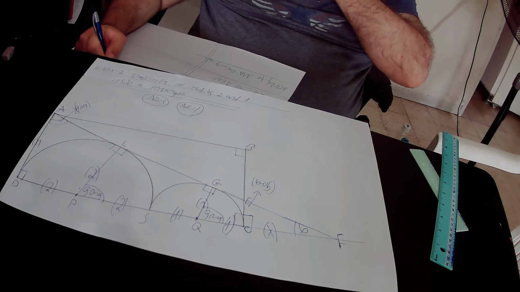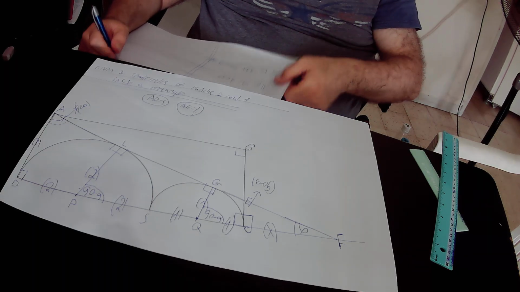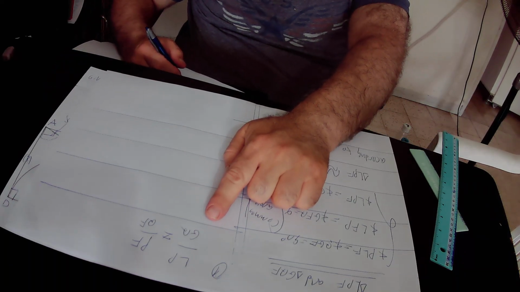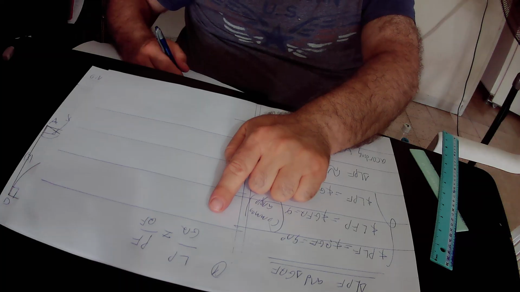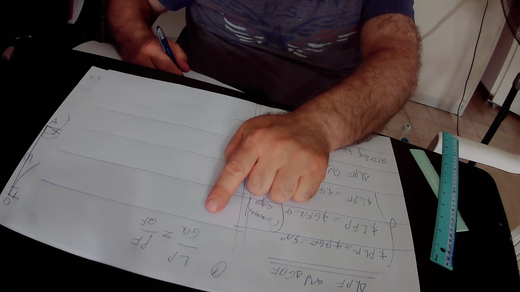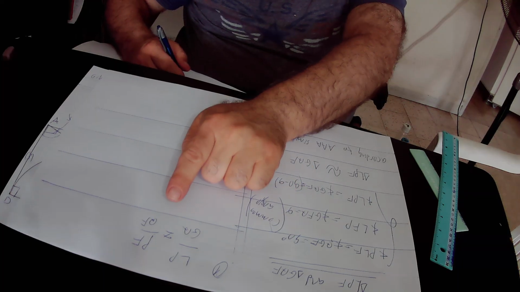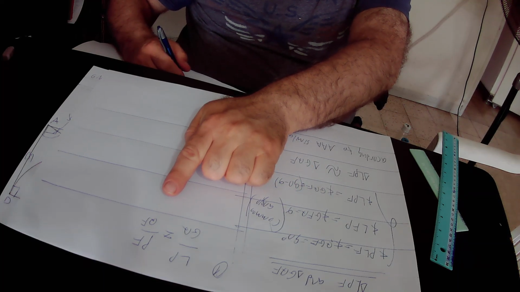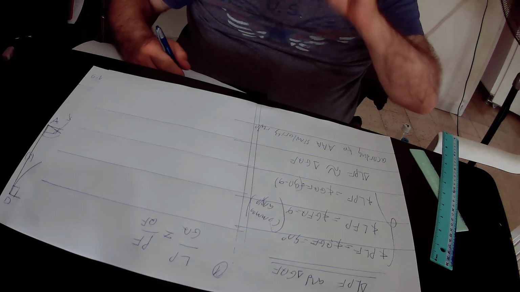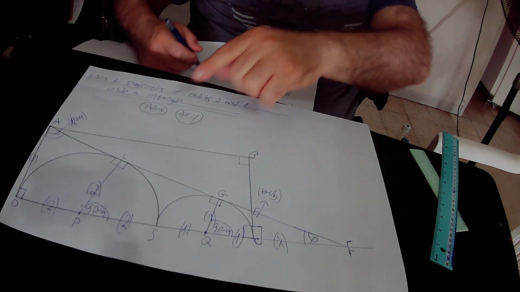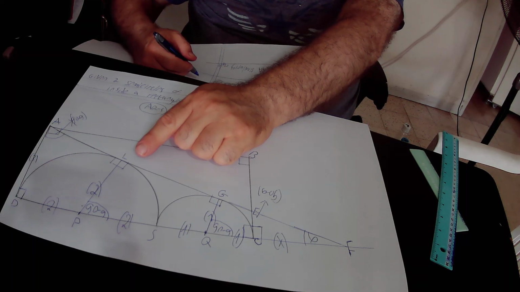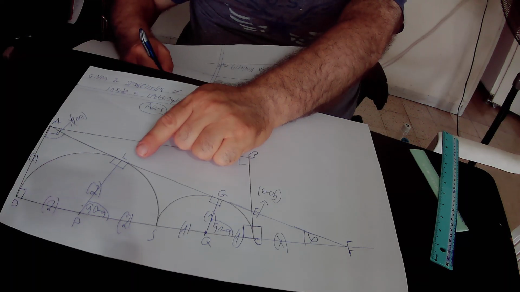Repeat again. We shall find out that side LP in the big right triangle over side GQ in the small triangle equals side PF in the big right triangle over side QF in the small right triangle. LP is the radius of this big semicircle, that is equal to 2.